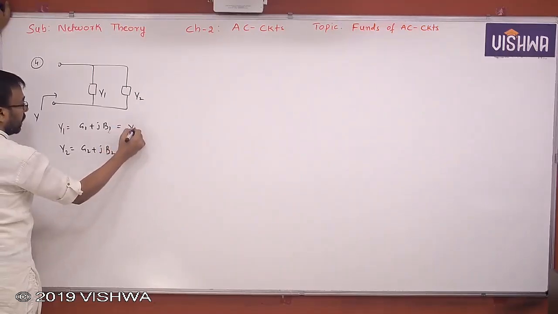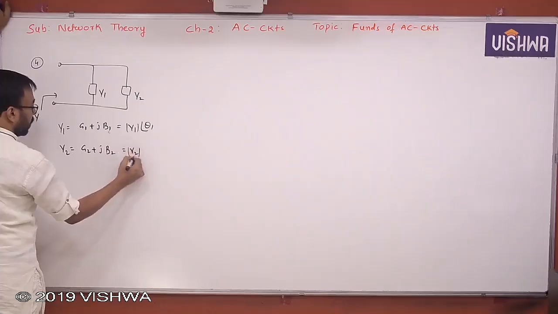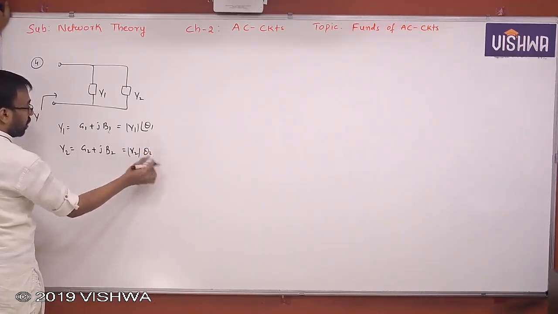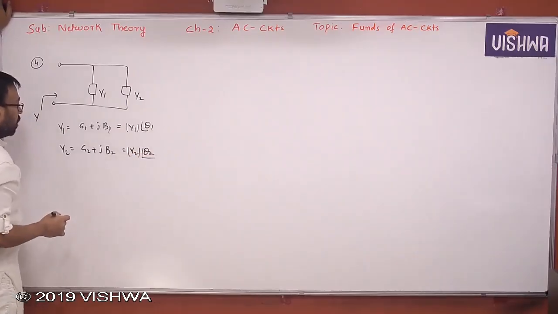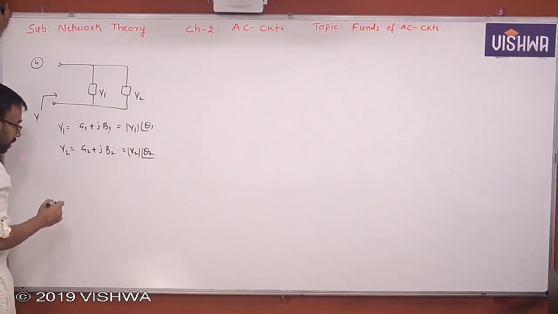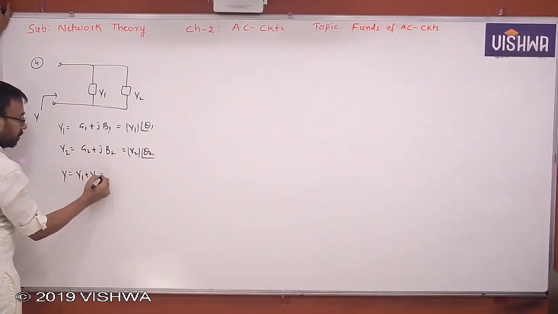You can also take Y1 at an angle of theta 1, Y2 at an angle of theta 2. Okay. Then Y is equal to what? Y1 plus Y2.